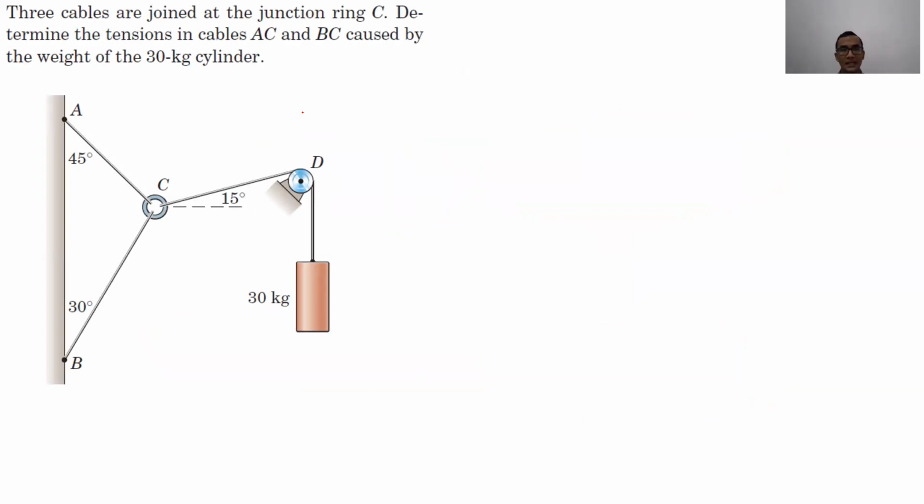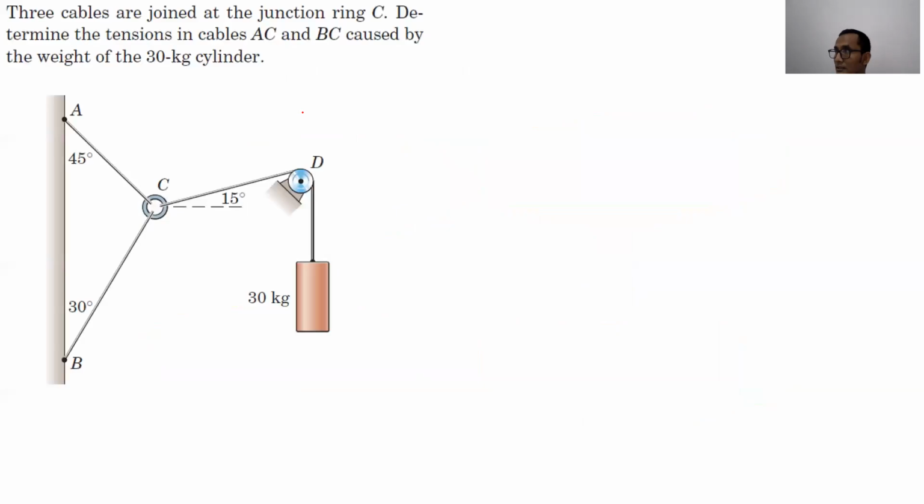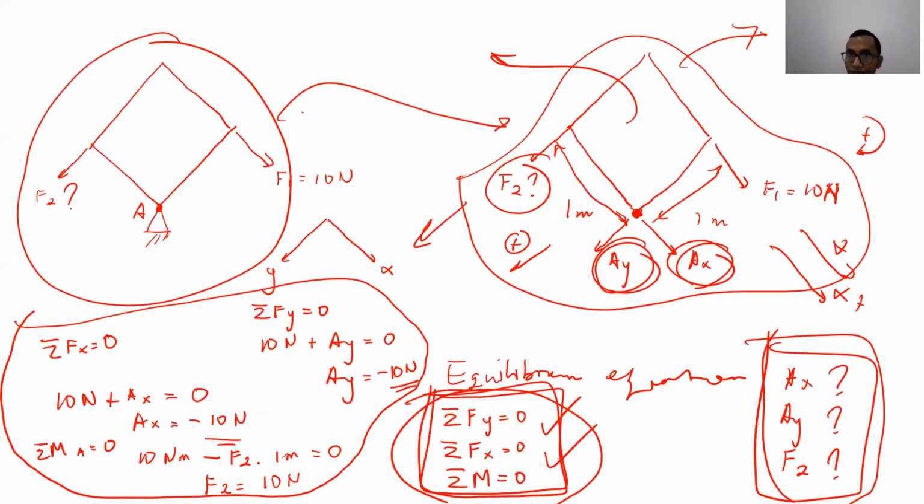Let's make this our last practice. Previously we talked about the two-dimensional free body diagram, which is not having forces happening at the same point. So that one is considered a general condition.